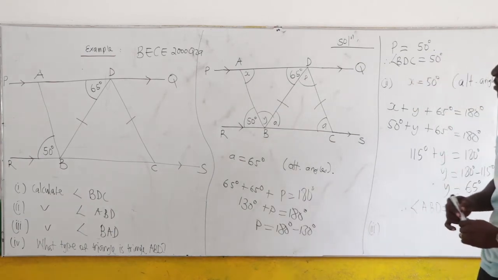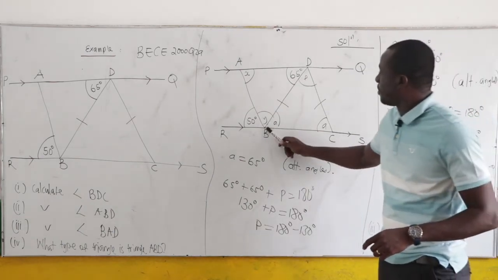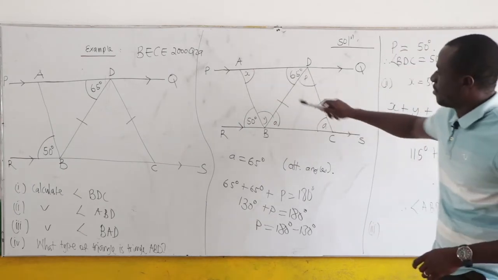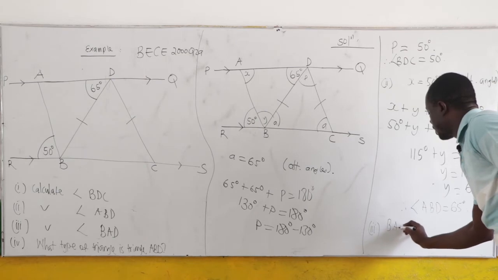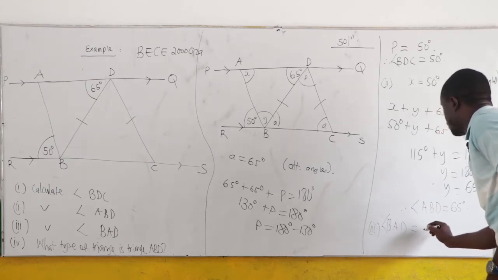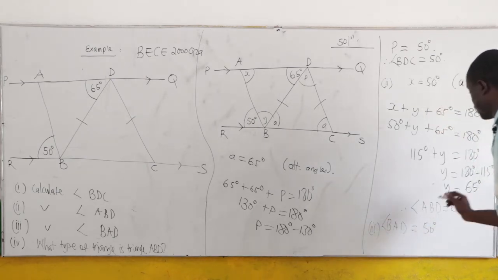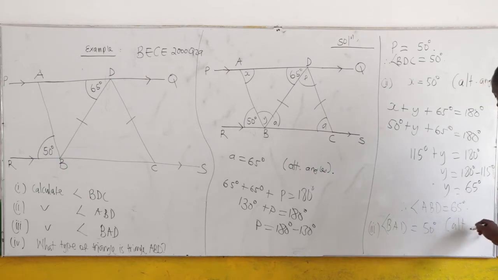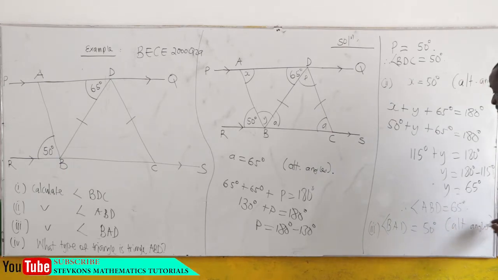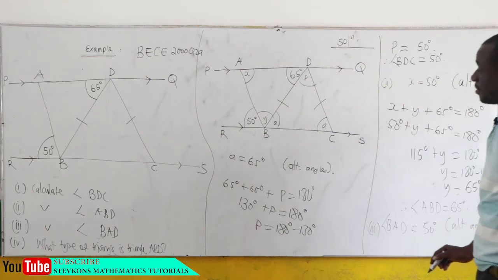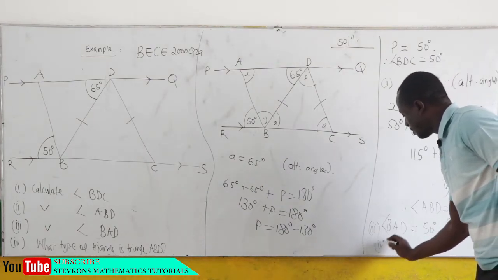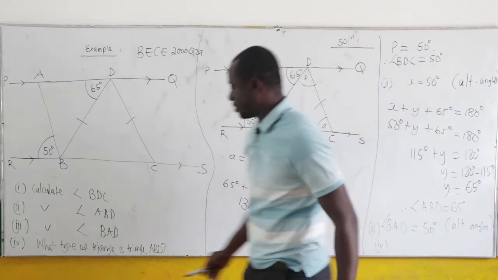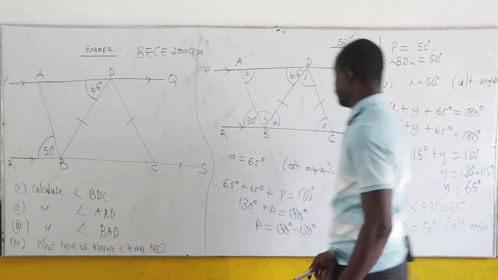Now let's see the third one. The third one says we should find BAD. Well, BAD is the same as the X, so our BAD is the same as the 50 degrees, which is the alternate angles. Now, what is the fourth question that they've asked us? The fourth question, what type of triangle is triangle ABD?